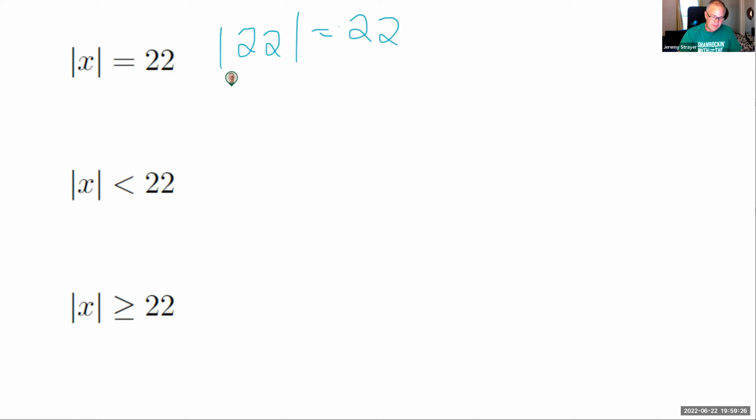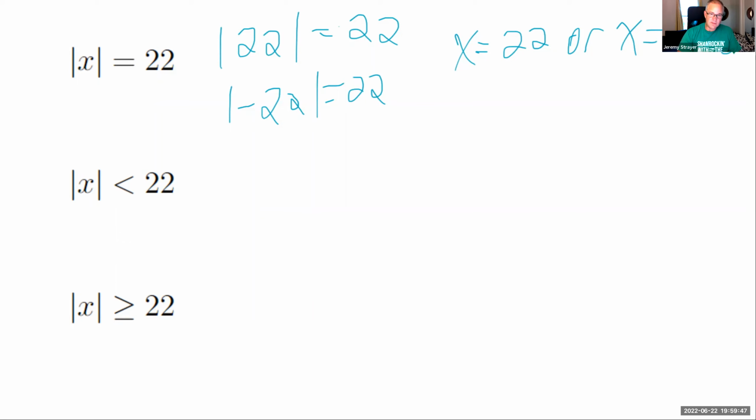So the answer here is x could equal 22, and if x is 22, then that statement will be true. And if x is negative 22, it would make the solution true as well. So, x is 22 or x is equal to negative 22.